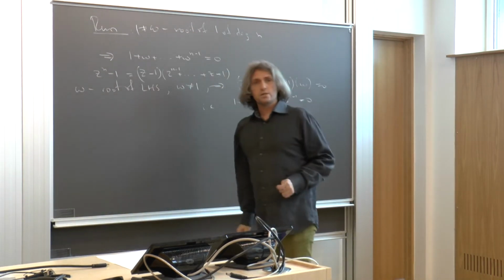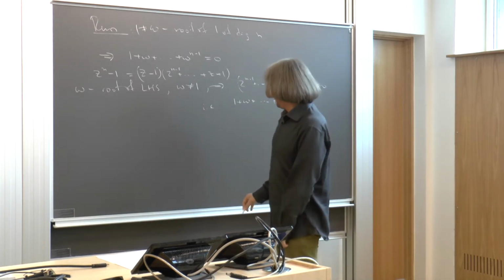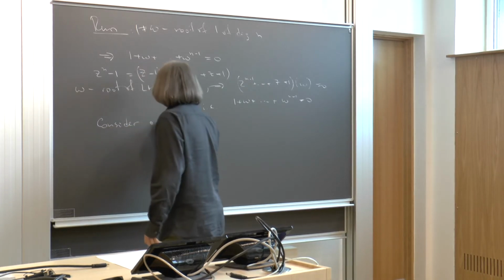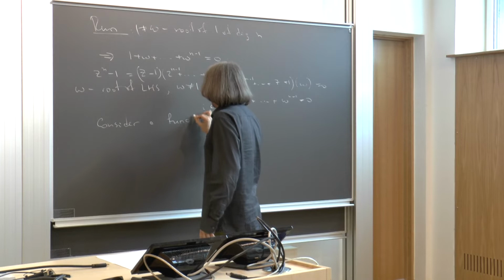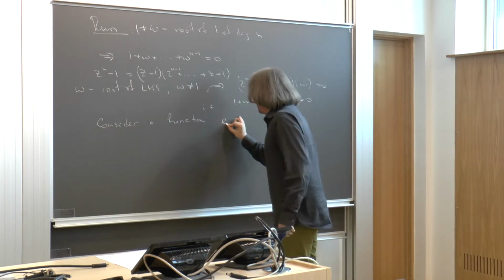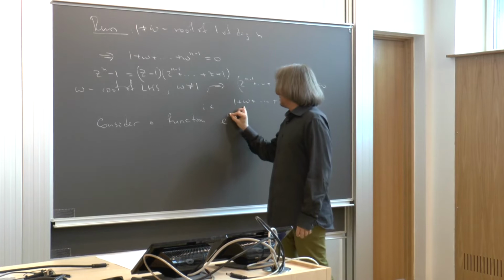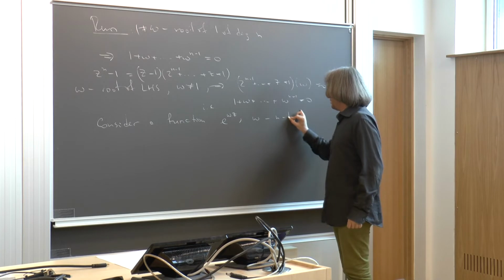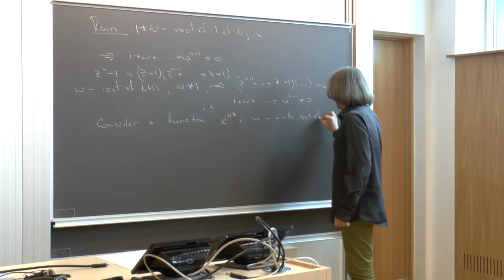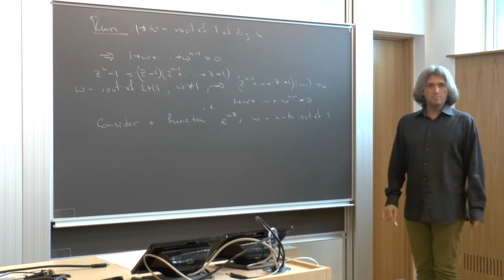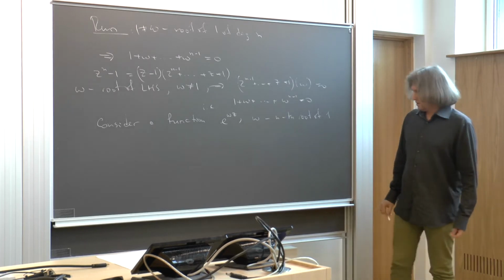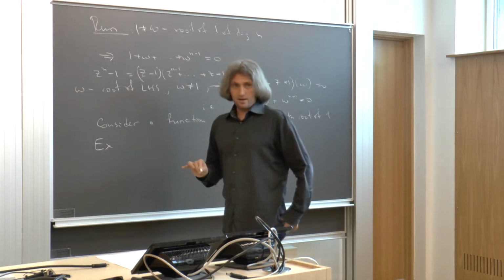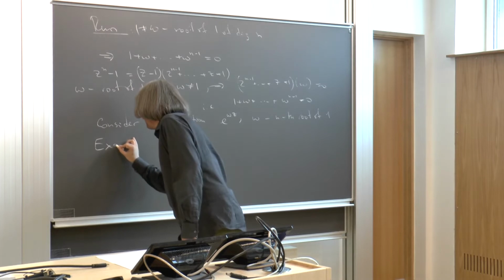So we're getting closer to the actual problem. Consider a function e to the power omega z, where omega is an nth root of 1. Here is an example, which is a hint.